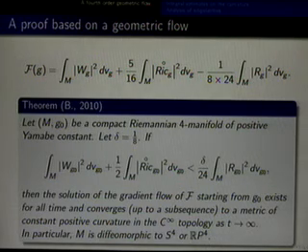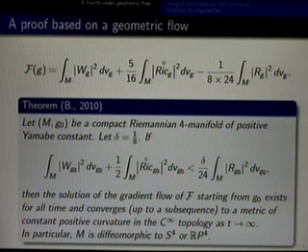So the theorem is the following. If you take a 4-dimensional manifold with positive Yamabe constant, and if you assume this pinching, then the solution of the gradient flow of F will exist for all time and will converge to a metric of constant sectional curvature.